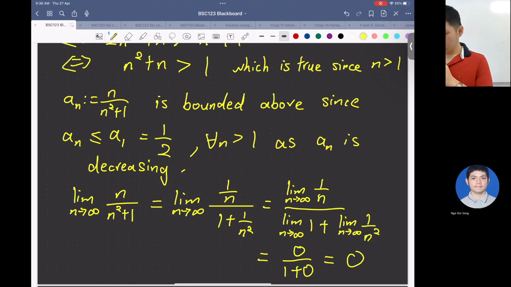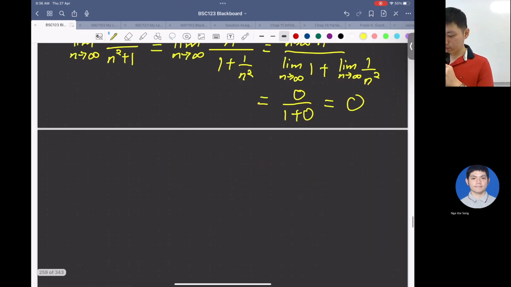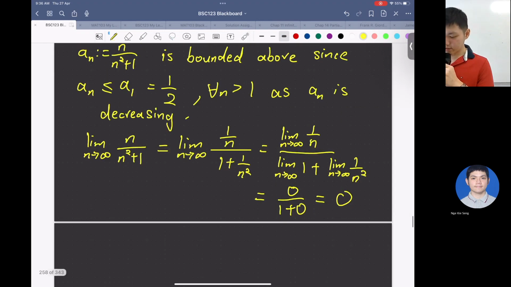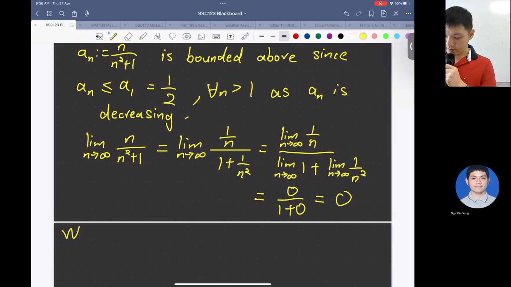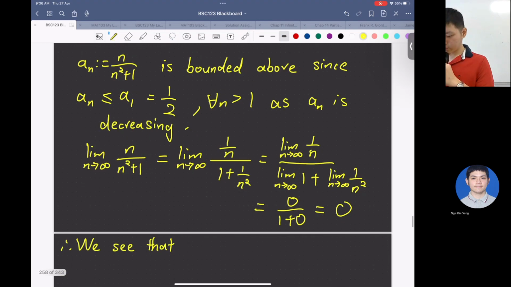Okay, so by a similar argument with the increasing sequence, we see that a_n is greater than or equal to 0 and less than or equal to half.